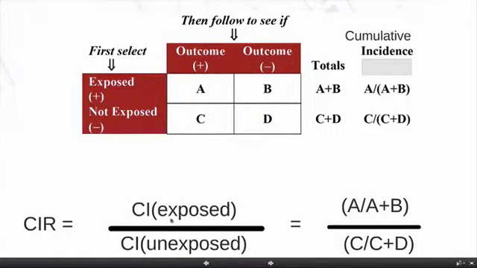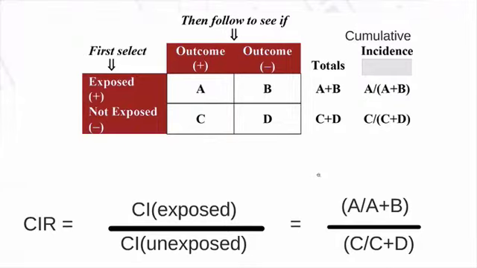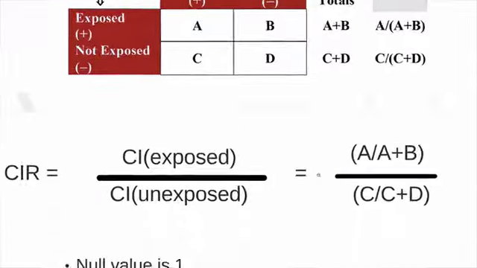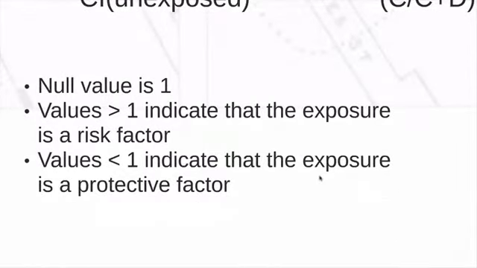And when you divide one number by itself, you end up with 1. So if your incidence in the exposed group and your incidence in your unexposed group are the same, and you divide and you end up with 1, it means there's no association. People in your exposed group are not getting the disease more or less frequently than people in your unexposed group. Okay, so our null value is 1. If you see 1, no association.